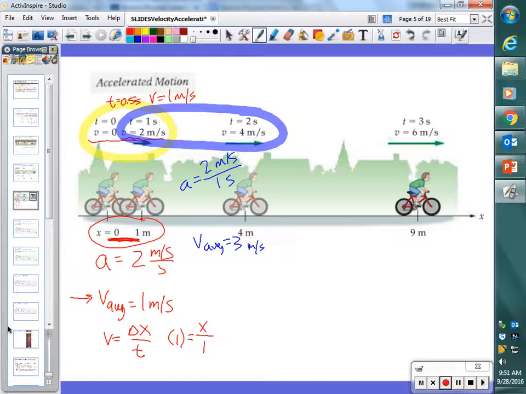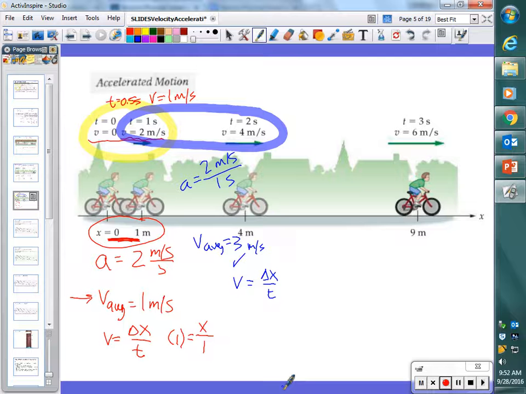Frank, if we add 2 and 4 together, what do we get? 6. But then to calculate the average, what do we have to do with 6? Divide by 2, because that's how many velocities we're dealing with. 6 divided by 2 is 3. Does that make sense? Okay. Now, going back, we know that velocity is a relationship between displacement and time.